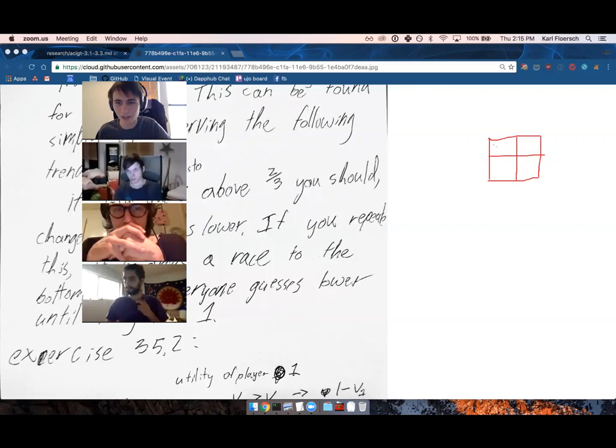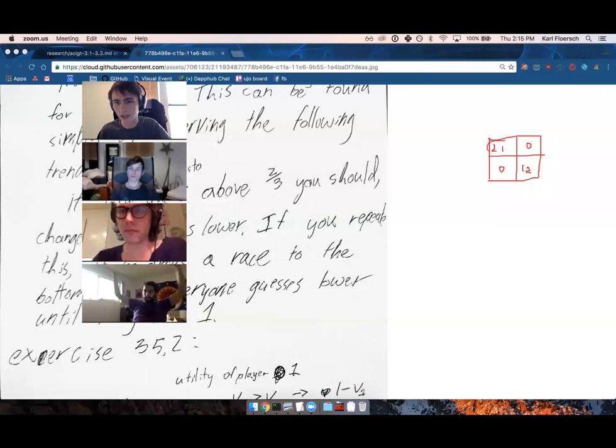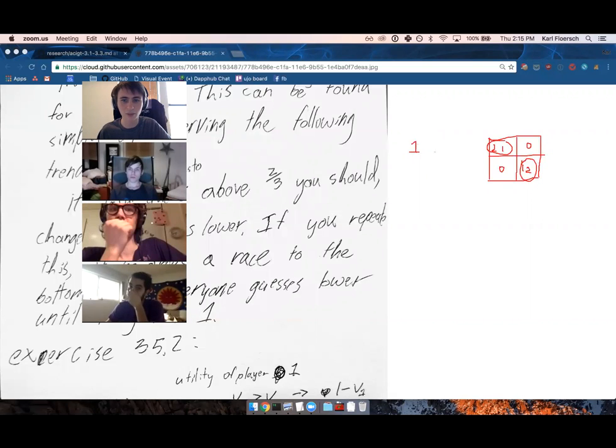In Battle of the Sexes, what we just saw, we have 2-1, 1-2, right? And 0 here and 0 here, 0, 0, of course. In a pure strategy, the two Nash equilibria are this and this, right? Both played with probability one.